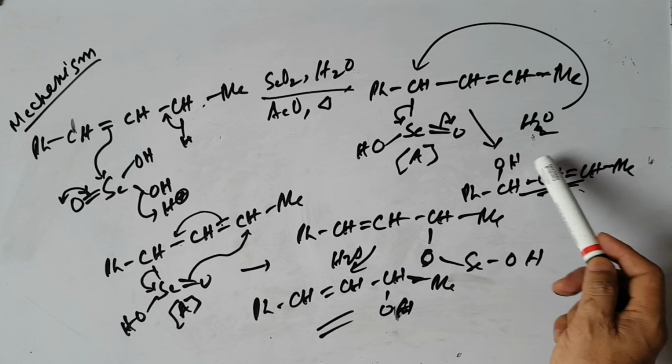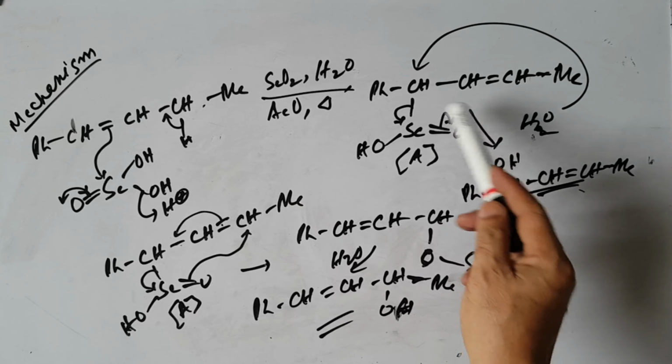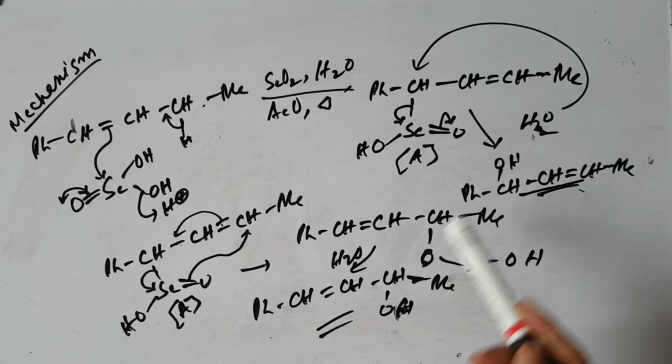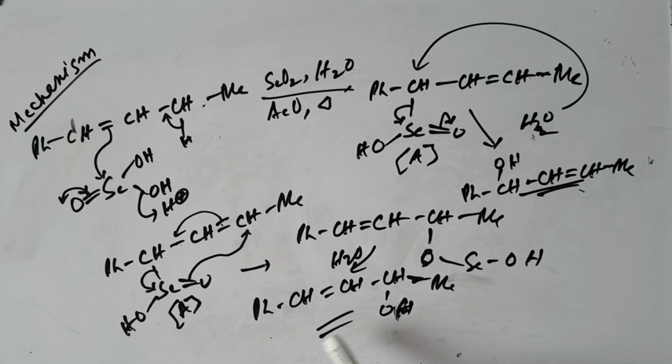So we got this product. Similarly, A can undergo a rearrangement, which will give this compound, and hydrolysis will give this OH. So we got two types of allylic alcohol. Allylic compounds are oxidized to allylic alcohols by using selenium dioxide. This is the mechanism of the reaction.